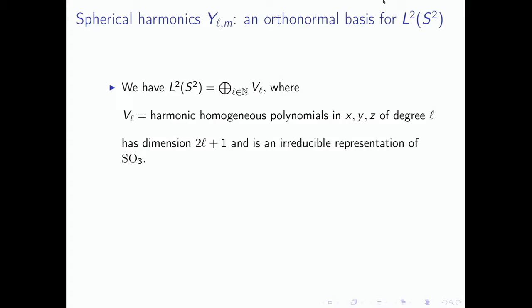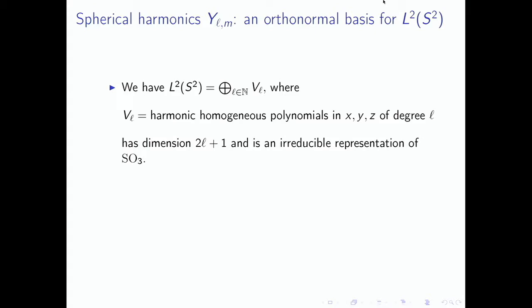The rotation group in R3 spins around the two-sphere. And this is very explicit. You can write this L2 as the direct sum of spaces V sub L indexed by positive integers L. And V sub L is: you take all the homogeneous polynomials of degree L, and you just take the harmonic ones.